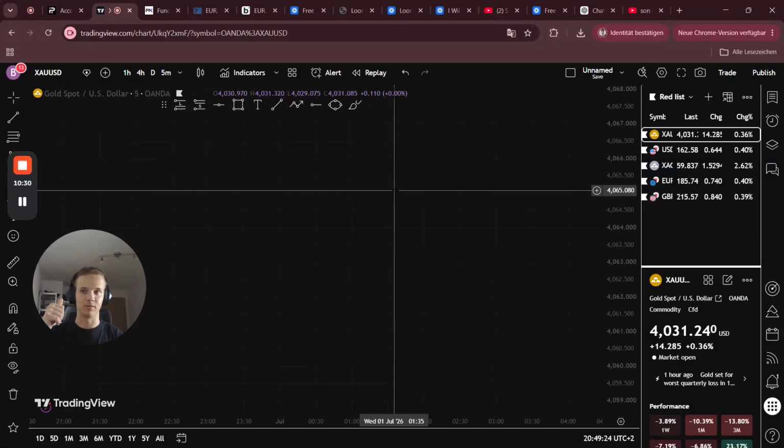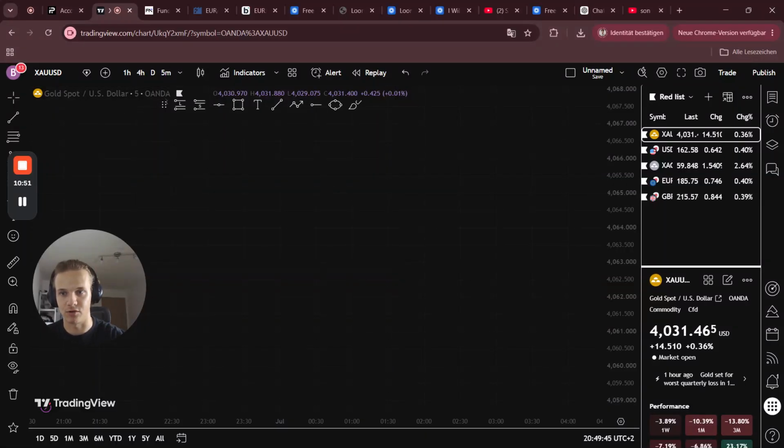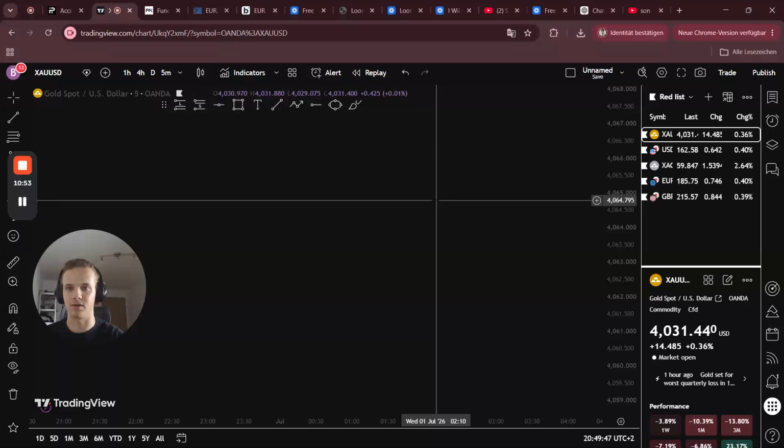So use a Funding Pips account and use the exact same price data that your broker shows you, because there's no point in using another broker's price data, because it's completely false and completely different. And you do not want to trade that unless you are registered on the same exact broker, like here in this example, Oanda.